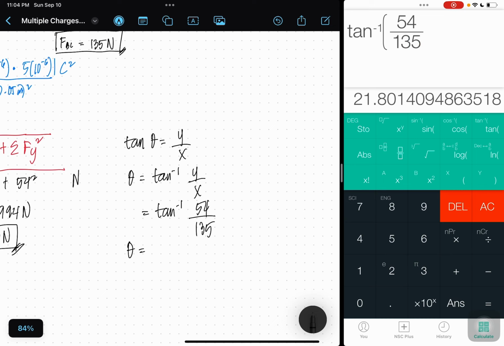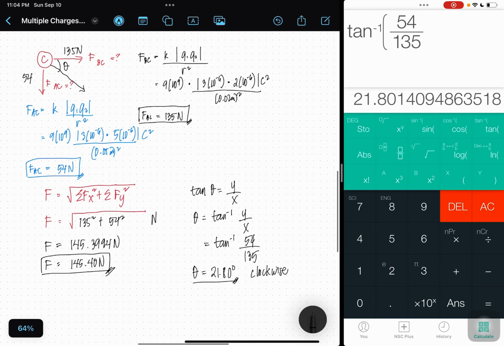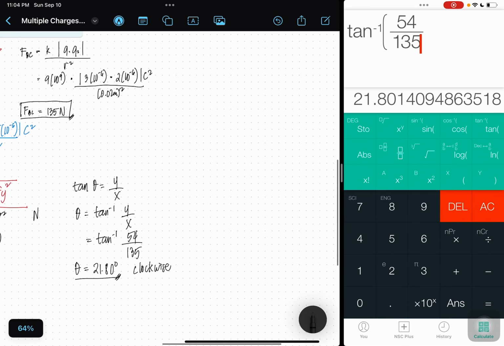So we can get 21.80 degrees. And it is clockwise. So pag clockwise, pwedeng negative, kasi di ba po, if you can recall, ang angle natin, positive po yung paganyan. Clockwise nga po, so pag papunta diyan, magiging negative yung value natin. Pero kung may nakalagay naman tayong clockwise, pwede na po yan.